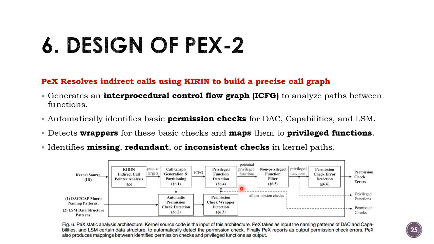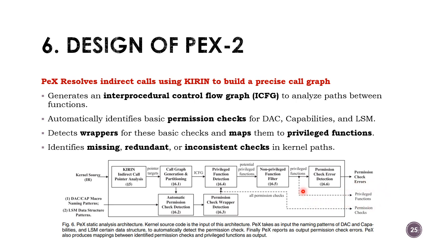It will also come out as the second output, but not yet. Here we will put the privilege functions that are detected into the non-privileged function filter, which means we'll have a list to filter it out. And after that, we'll finally get the second output here, privileged functions.